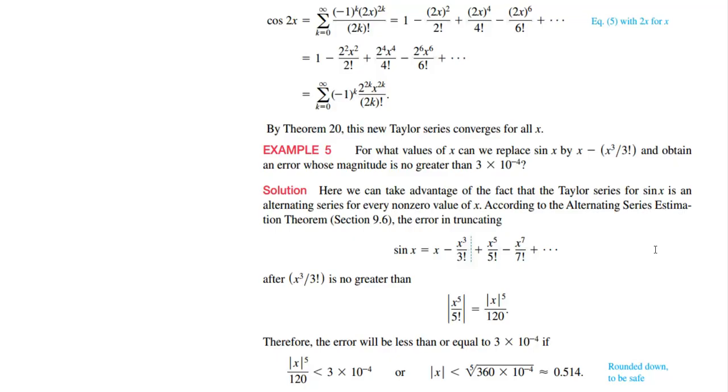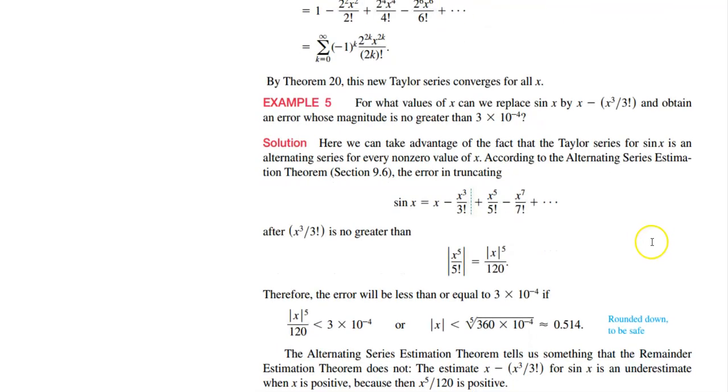According to the alternating series estimation theorem in 9.6, the error in truncating sine of x equals x minus x cubed over 3 factorial, plus x to the fifth over 5 factorial minus x to the seventh over 7 factorial, if we get rid of everything after that dotted line there, is no greater than the absolute value of x to the fifth over 5 factorial, which is equal to the absolute value of x to the fifth over 120.